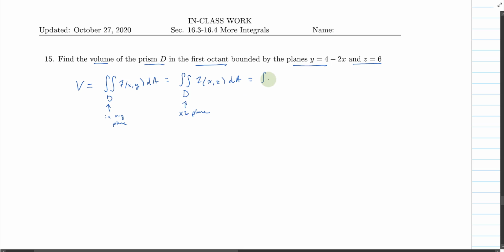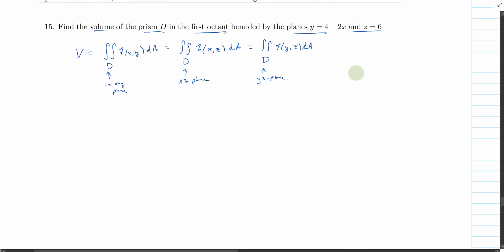Or we could do it as a double integral of a function of y, z, dA, a region in the yz plane. So all of those will work.